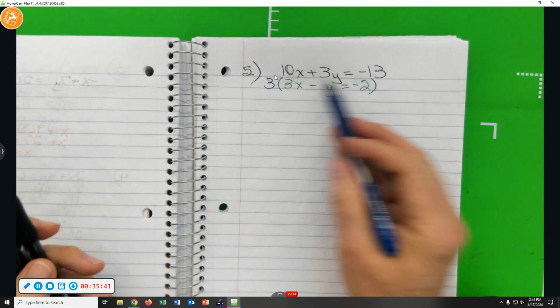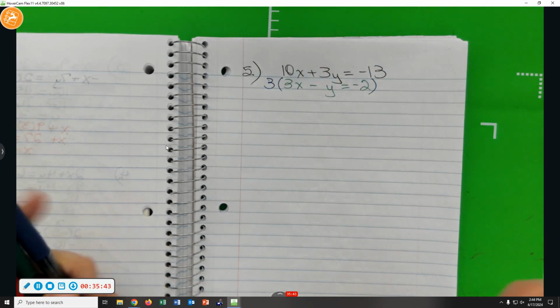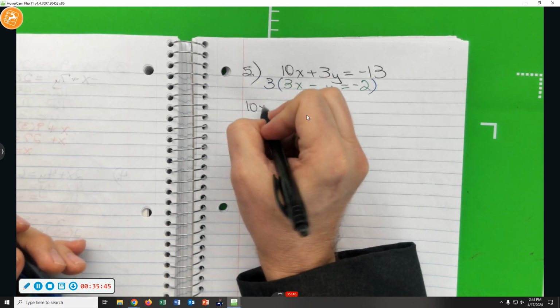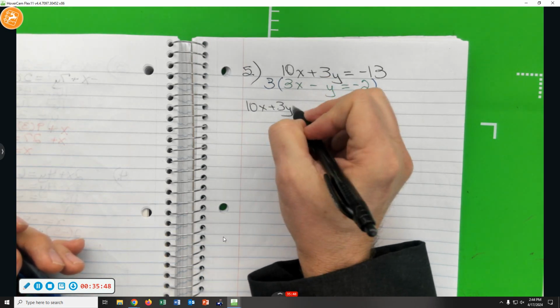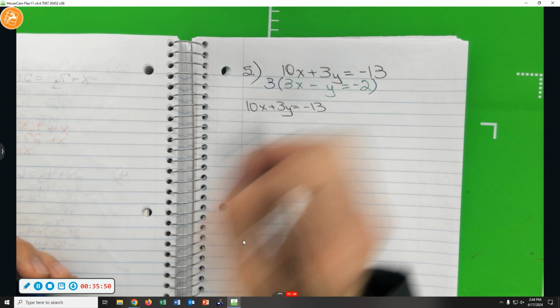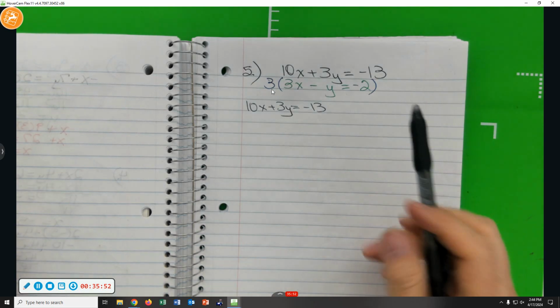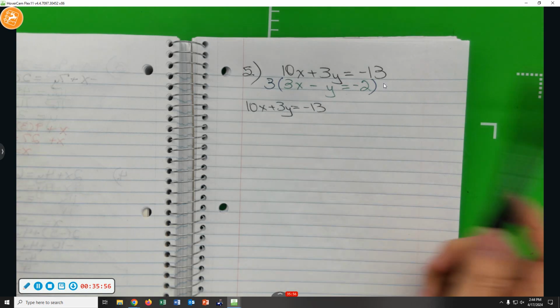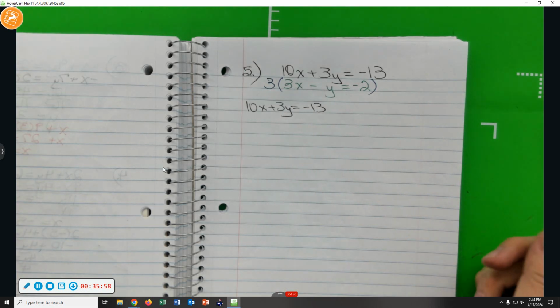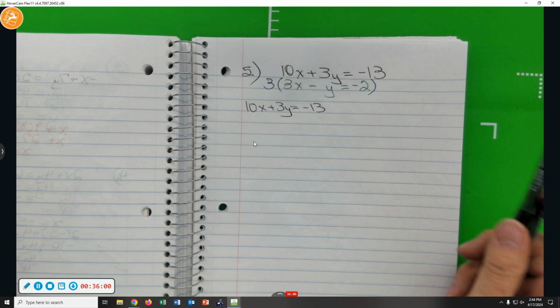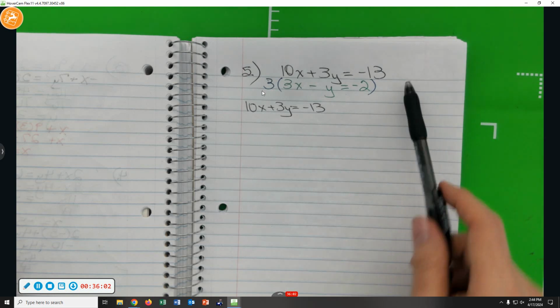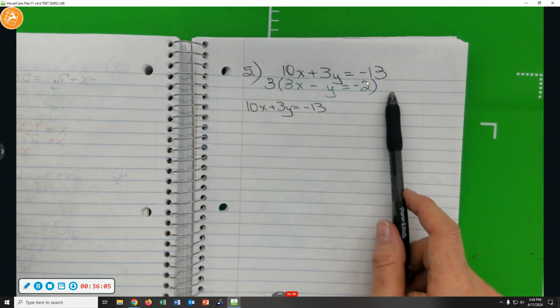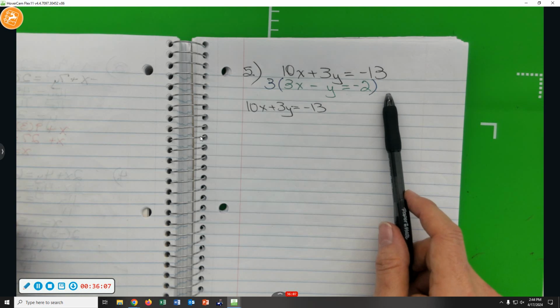The first equation is going to stay the same: 10x plus 3y equals negative 13. Remember, when working with equations, you can multiply both sides by anything you want and not change the equality. Well, you can't multiply by 0, because then you get 0 equals 0 for everything.